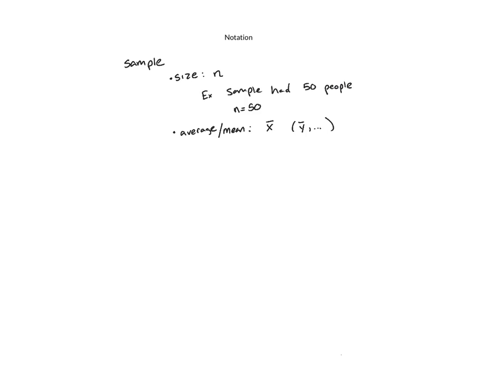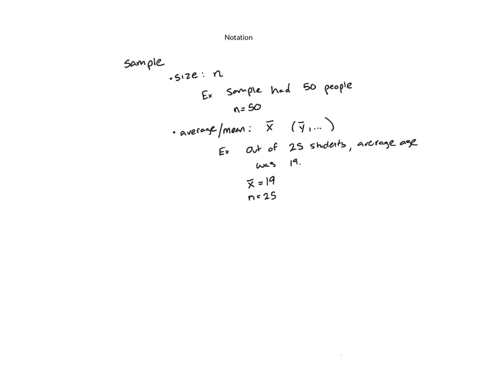So if you see the bar over the top, it's a pretty safe assumption we're talking about an average. A good example of that is if I say, out of 25 students, average age was 19. In this case, I have my average age, so x bar is 19, and I also know that n is 25.